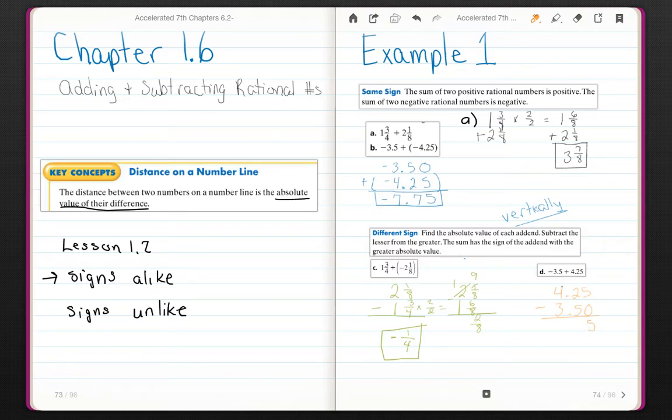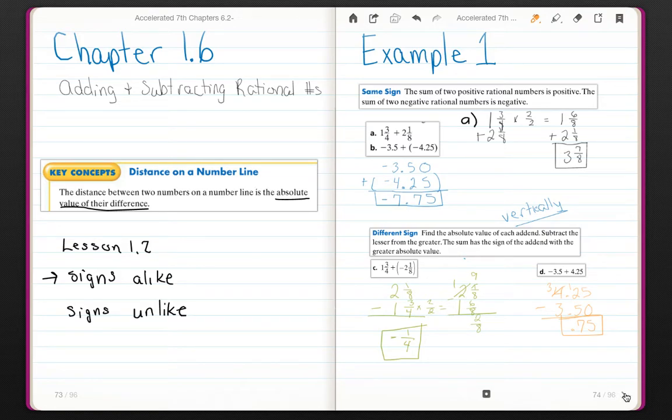Can't do 2 minus 7, so I'm going to go borrow. 12 minus 7 is 5. Decimal. 3 minus 3 is 0. Now, the 3.5 is negative. It actually has the smaller absolute value. 4.25 has the larger absolute value. So my answer is going to stay positive.